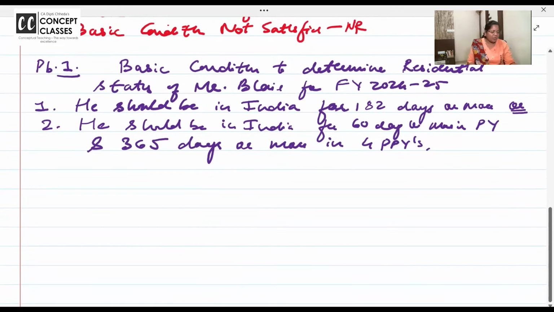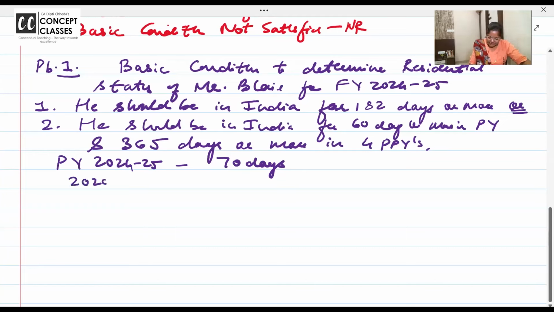Aja. Now you have to do the counting. In the previous year 24-25, he was in India for how many days? Last year. Are you able to pick up the correct figure? 24-25 में 70 days. 70 days he was in India. 24-25. अब इसके पहले के 4 years.